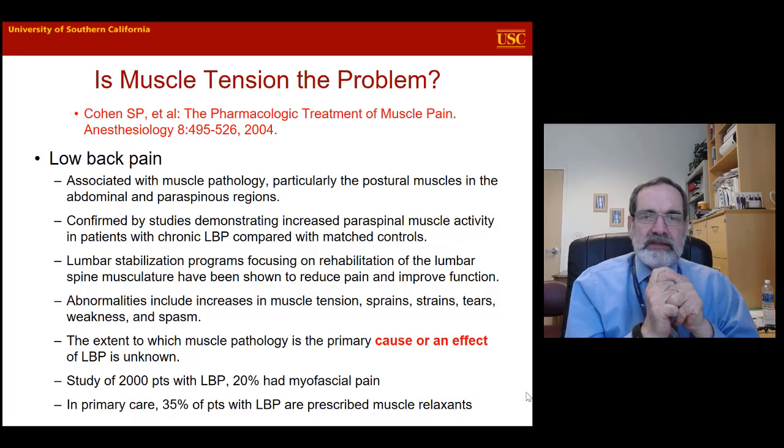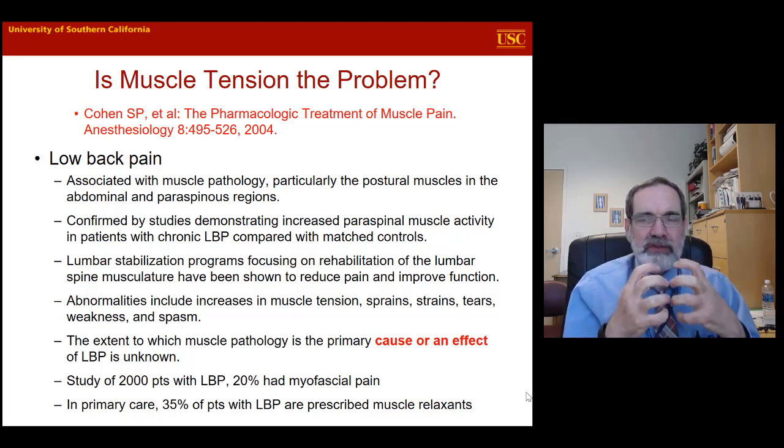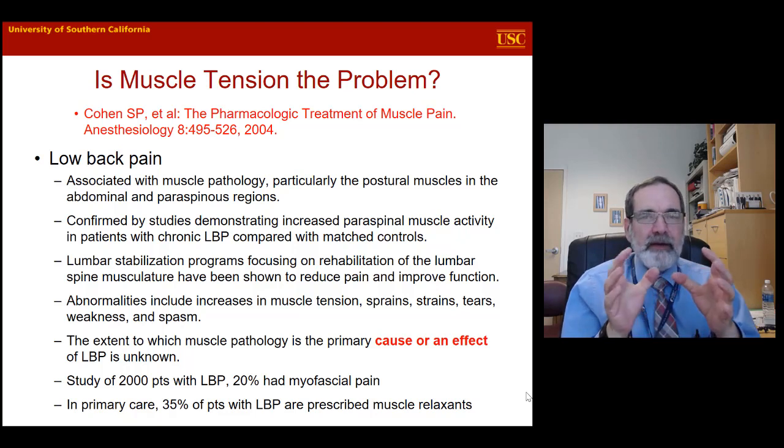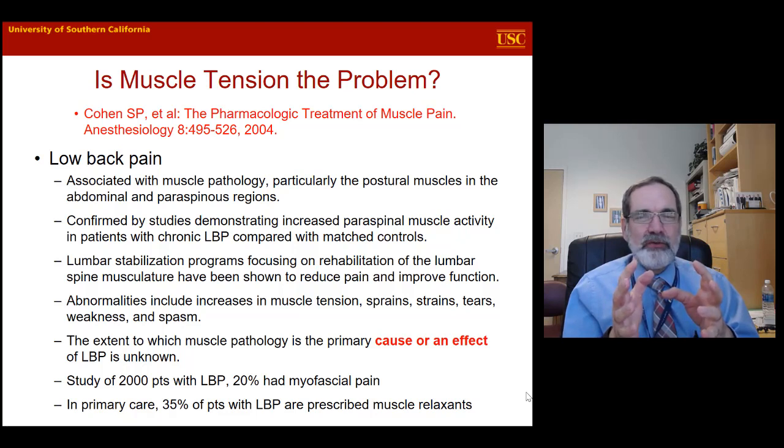We see studies that have confirmed that there is increased muscle activity in these paraspinal muscles in patients with low back pain. Physical therapy programs that work on lumbar stabilization and conditioning the spinal musculature reduce pain.